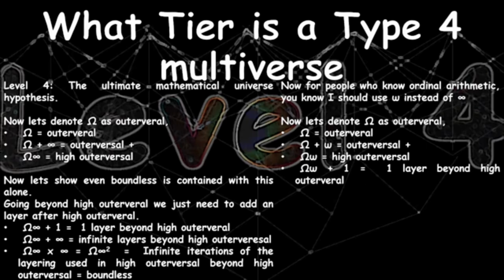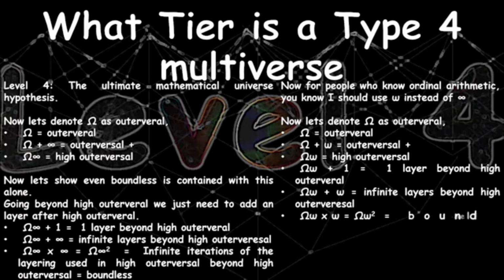Capital omega times lowercase omega plus 1 is one layer beyond high alderversal. Capital omega times lowercase omega plus lowercase omega is infinite layers beyond high alderversal. And capital omega times lowercase omega times another lowercase omega, or capital omega times lowercase omega squared, is boundless.